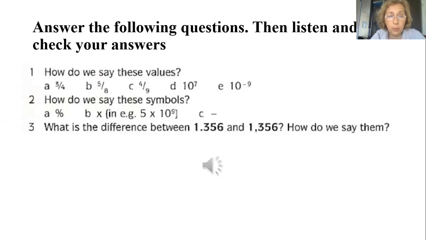And what is the difference between these two numbers? How do we say them? Duman. I think one is about just the number one with some small part. This is decimal. And the second one? In the second case, we have the number 1000.